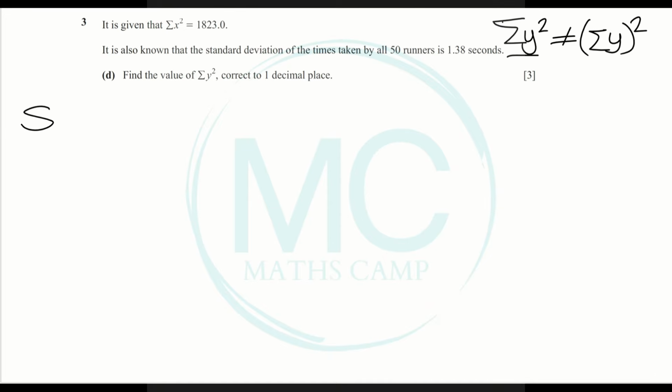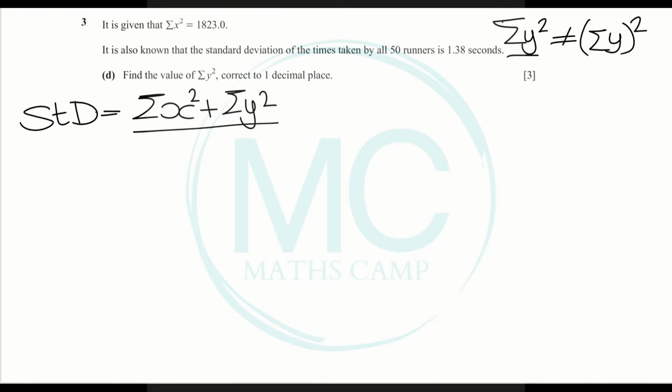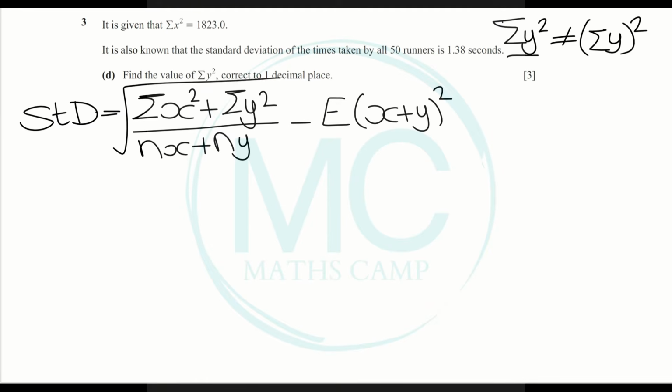So we can say standard deviation is equal to sigma x squared plus sigma y squared over runners for x, nx, plus runners for y, minus the estimated mean of x and y squared, all under a square root.